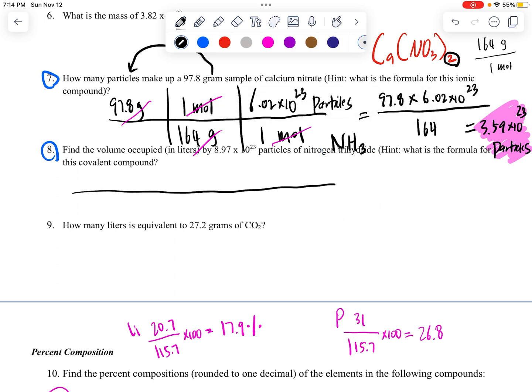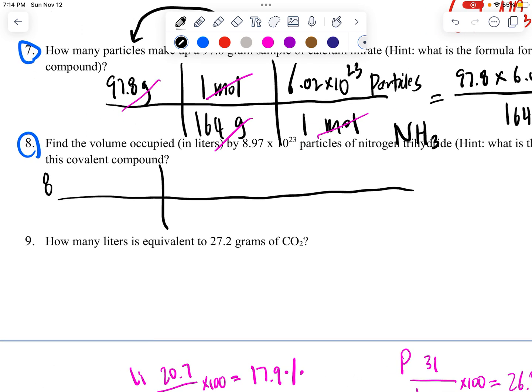Your starting unit is what is provided, 8.97 times 10 to the 23rd particles. Everything is in terms of particles right now, so I'm going to use Avogadro's number: 6.02 times 10 to the 23rd particles will always give me 1 mole of nitrogen trihydride. Now everything is in terms of moles.